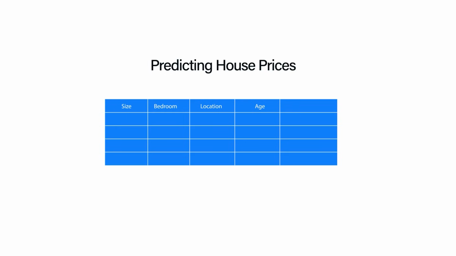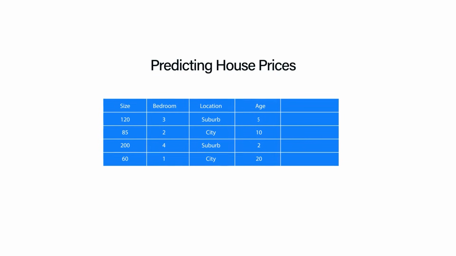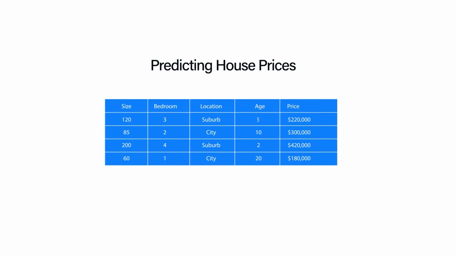Machine learning shines here. By studying thousands of real house sales, the model learns how these factors interact. It learns which features matter more, which ones matter less, and how they combine to influence the final price. Even when the pattern is too complex for humans to articulate, the model can still learn it from the data.